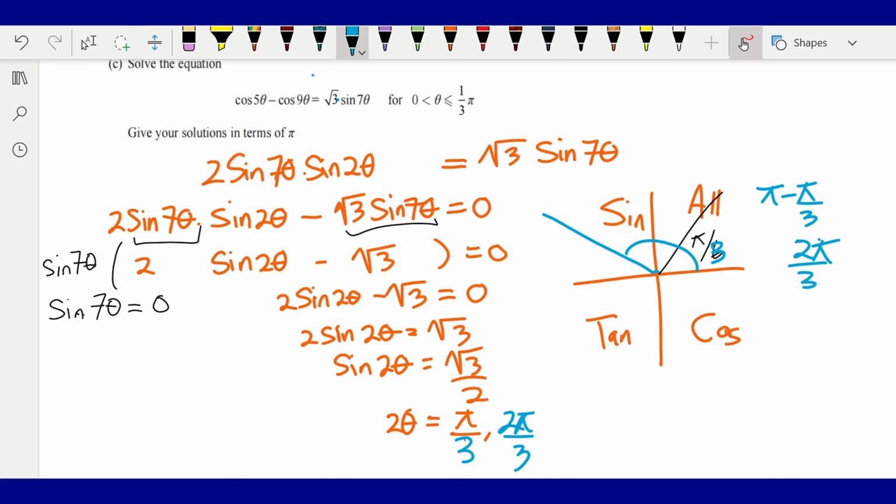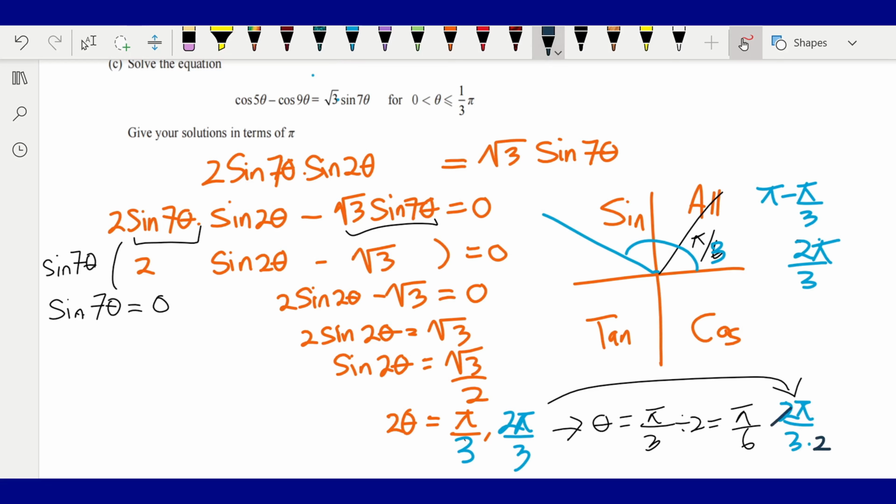To get the theta, we just have to divide: pi over 3 divided by 2 is pi over 6, and the second one, 2 pi over 3 divided by 2, will be pi over 3. So that will be our answer.